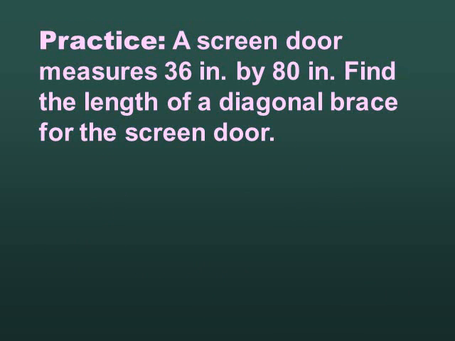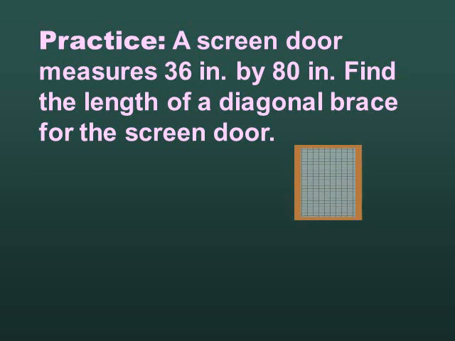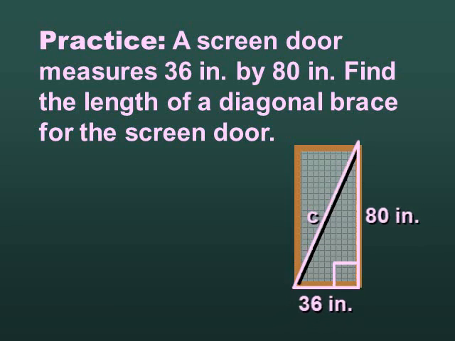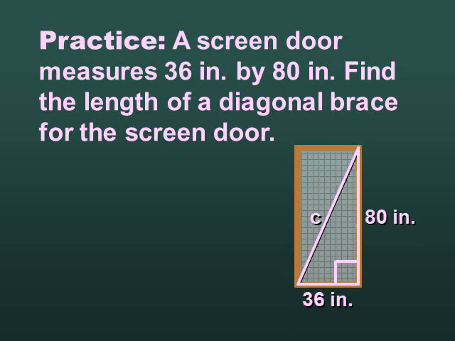So let's practice one more. This one is not in your textbook. It says a screen door measures 36 inches by 80 inches. Find the length of a diagonal brace for the screen door. So that means I would have a triangle. Here's my screen door, and here's my diagonal. Here are the dimensions that I know. I'm going to have to make an assumption that the screen door has a right angle there because it's probably a rectangle.